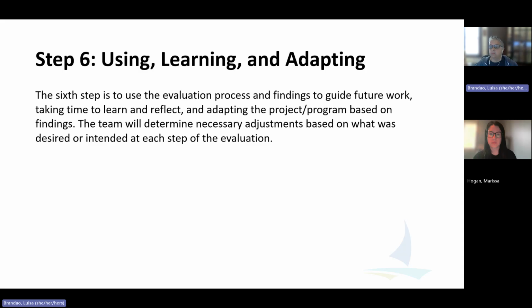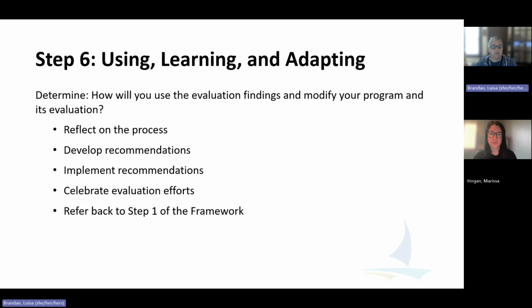Maybe there aren't changes. Maybe your program is working perfectly exactly as you expected, and therefore you're not going to make any changes. But sometimes, based on what you've learned, you might make changes to both the evaluation or to the program implementation.